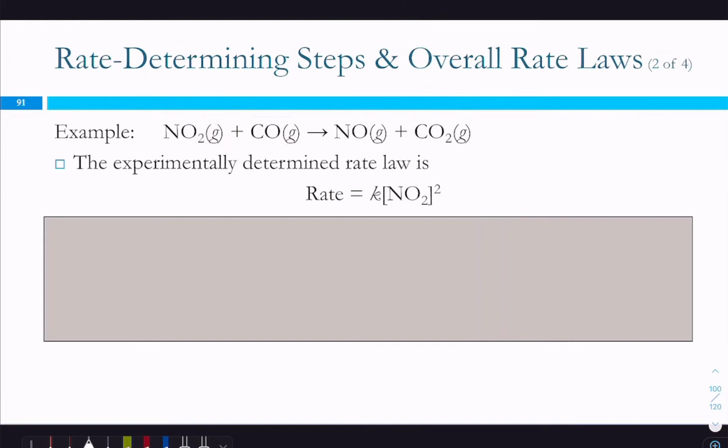So we're going to be looking for a slow step that's bimolecular with respect to nitrogen dioxide. The other thing I was looking for is our rate doesn't depend on the concentration of carbon monoxide. It's not present in that rate. So changing that, zero order, is not going to matter. So our rate limiting step is going to be bimolecular with respect to nitrogen dioxide, and it's not going to have carbon monoxide in it.